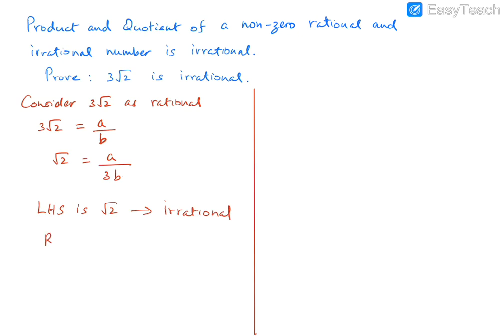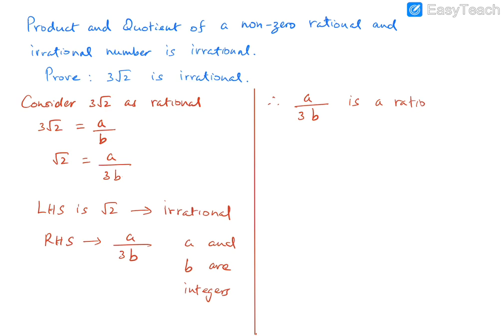Okay, but what do we have on the right hand side? RHS, the right hand side of the equation, is a divided by 3b, and we know that a and b are integers. So therefore we can say that a divided by 3b is a ratio.